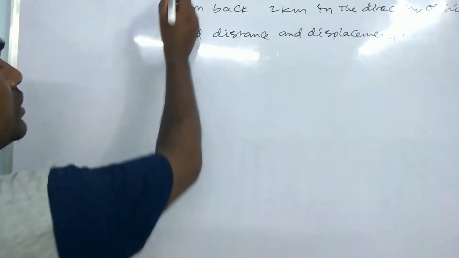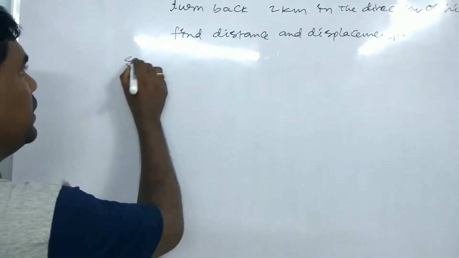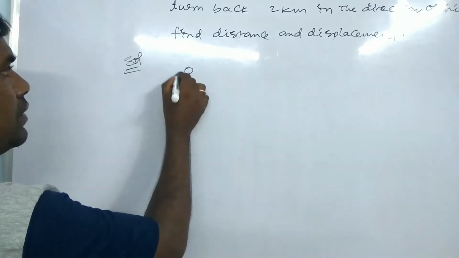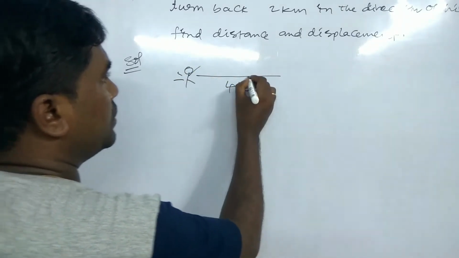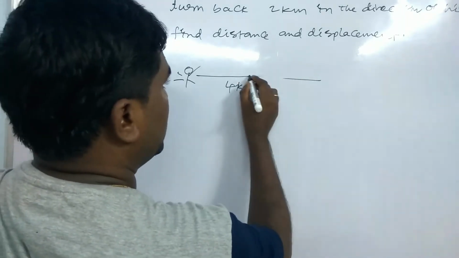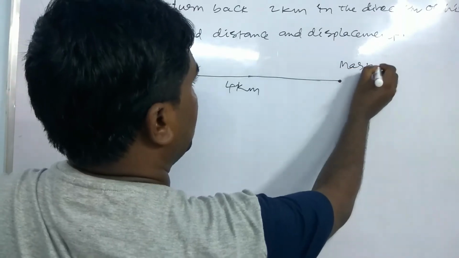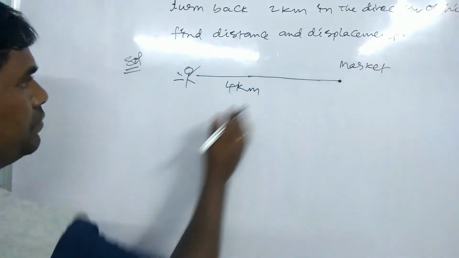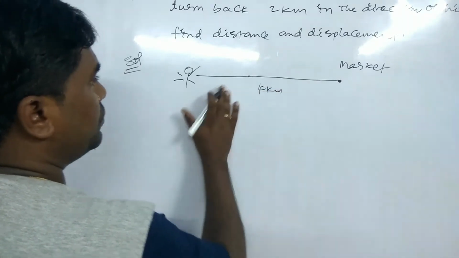Right. So a man can walk 4 km to the market. So for suppose here a man can walk 4 km to the market. So here it is the market. How much distance did he travel? 4 km. The distance is equal to 4 km.